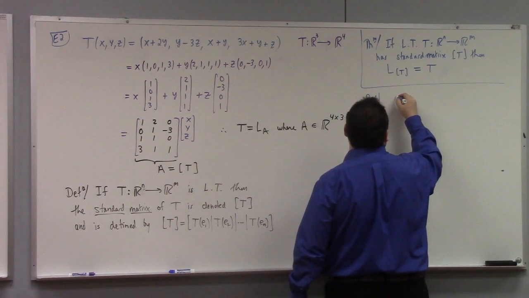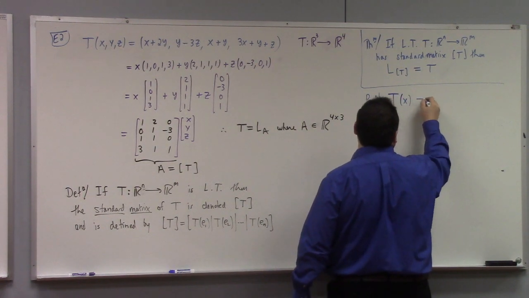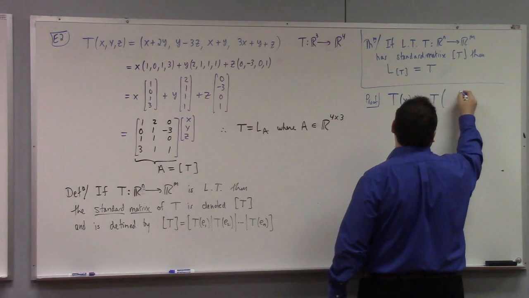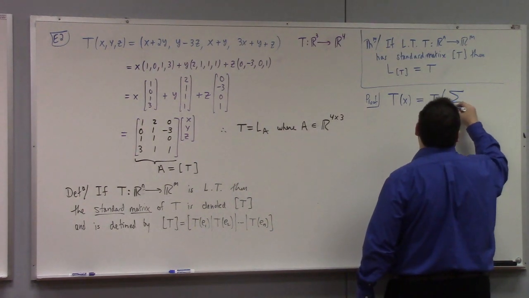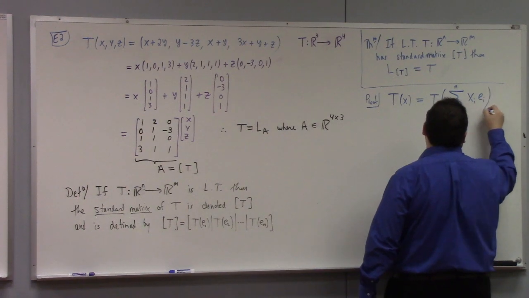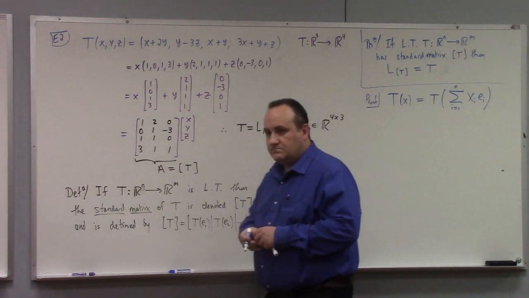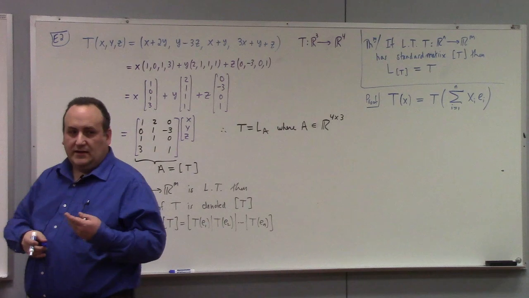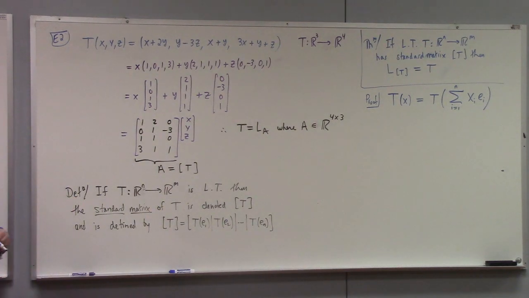So let's look at it. We could start on either side. I'll start with T, so let's look at T of x. Well, that's T of the sum i equals 1 to n of x sub i e sub i, right? Because any vector in n dimensions can be written as a linear combination of the standard basis, right?